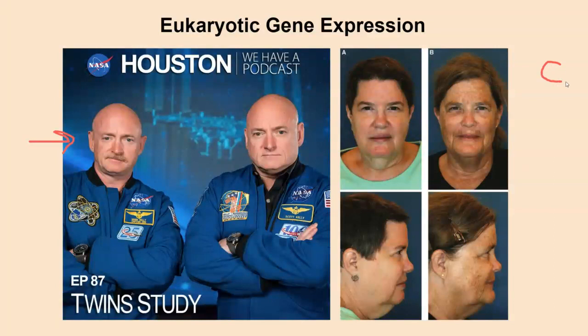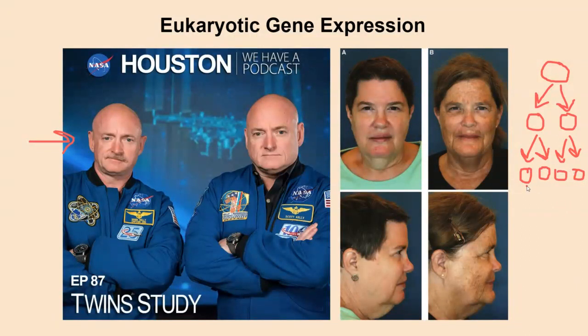Now, identical twins happen when a zygote is formed. So we go through meiosis, and we end up with a sperm or an egg. So in the meiosis process, we end up with 4 gametes, and they have half the amount of DNA.